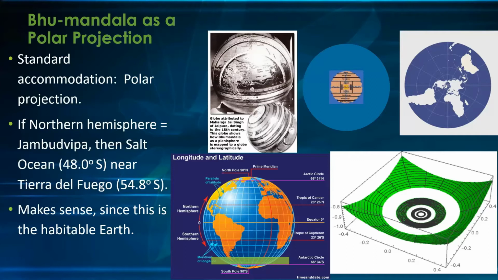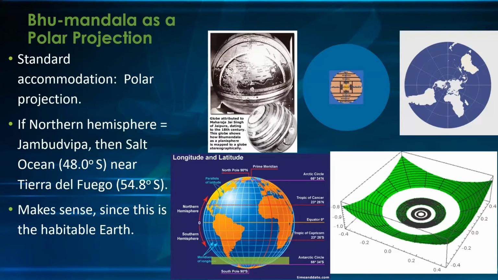That is very near Tierra del Fuego, which is the southernmost tip of South America in Argentina. And basically you end up with the first island going from about 48 degrees south of the equator to 71 degrees south of the equator.